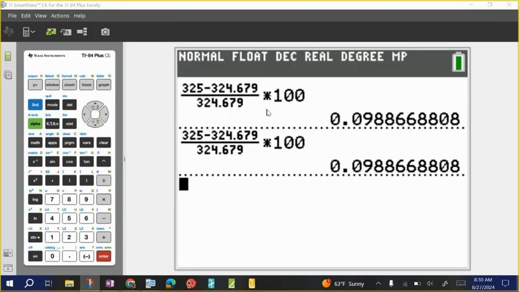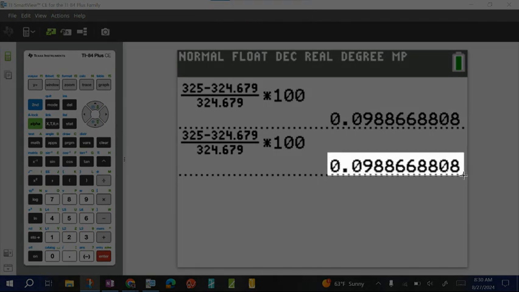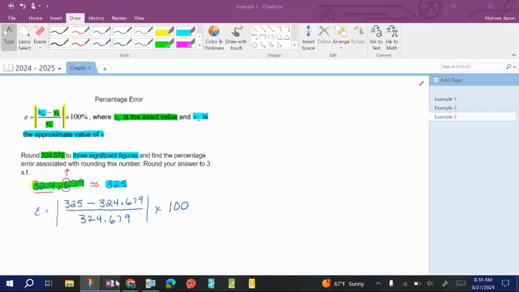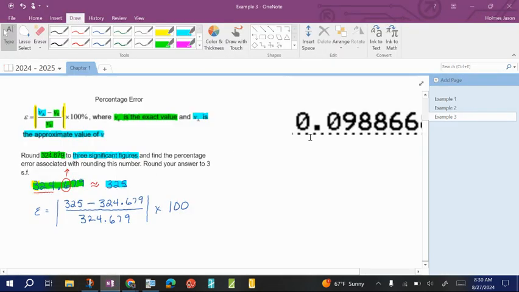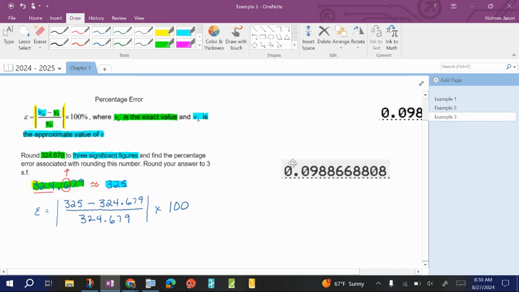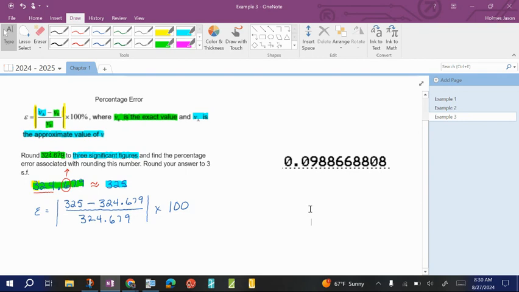Let's go ahead and take a quick pic of that. We'll return over to here. I just want that to be here so I can see it. Okay, and then it says 3 significant figures, and this is going to be written as a percentage. And so our first significant figure is that 9, and 3 significant figures is the 9, 8, 8.